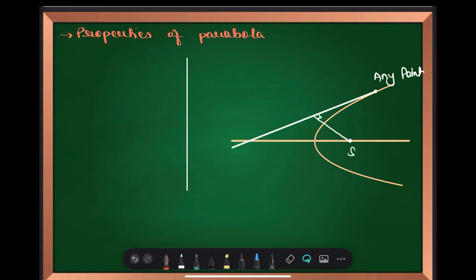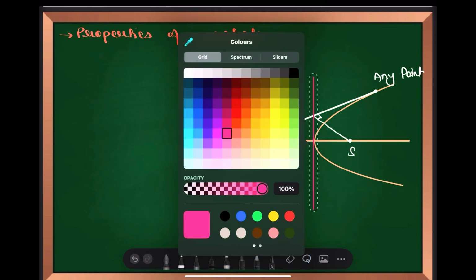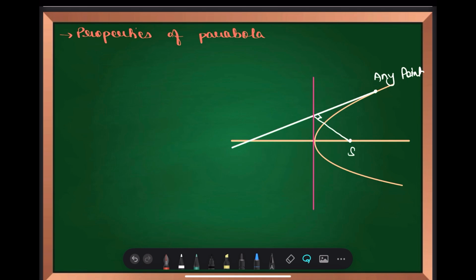Now you draw the foot of the perpendicular on the tangent, and that foot will lie on the tangent at the vertex.